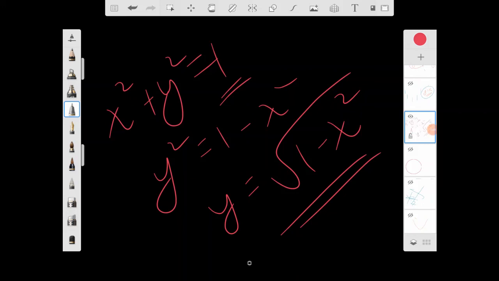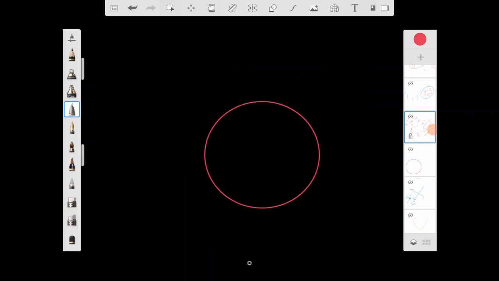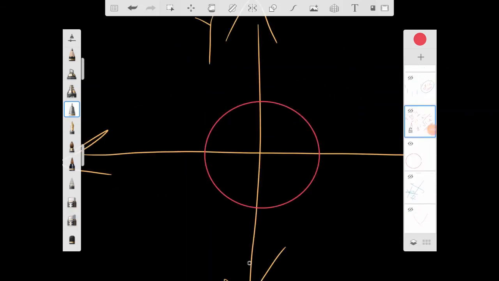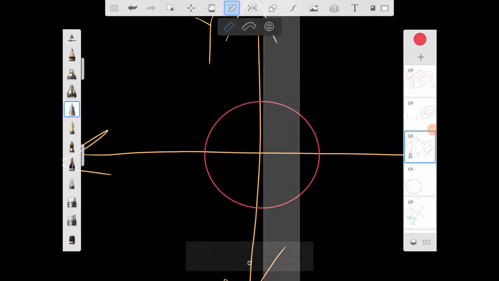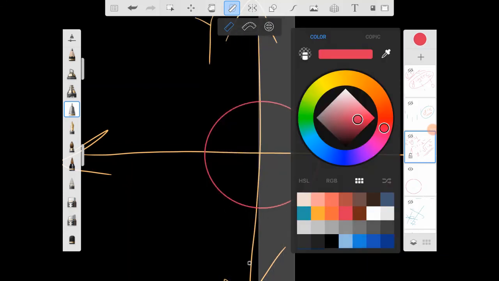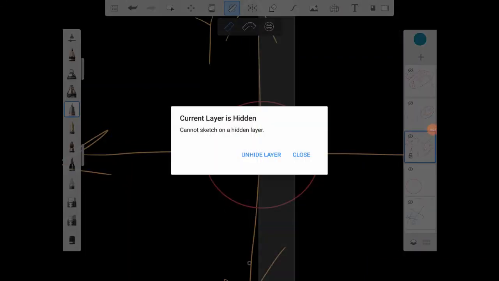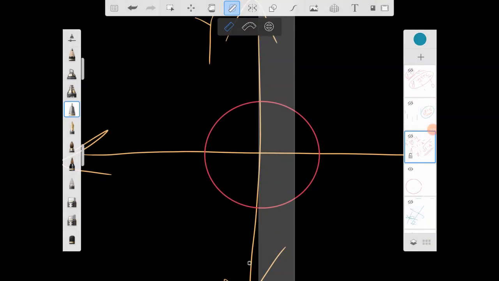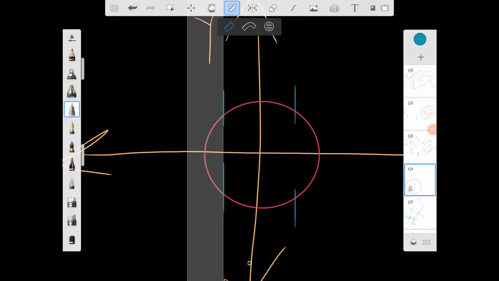So let me come back to the graph. Let me put my vertical line again. When I pass my vertical line through this, I see that again there is an issue. This vertical line passes through 2 points.